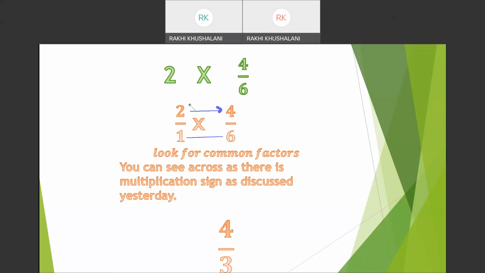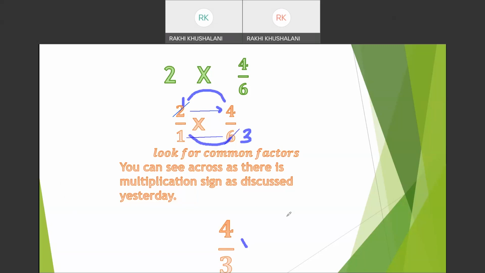So now what are we going to do? 2 into 1 is 2. 2 into 3 is 6. 2 into 1 is 2. 2 into 3 is 6. Now any other cancellation is not possible here. So my answer will be, this was 1. 1 into 4, that is 4, and 1 into 3 is 3.